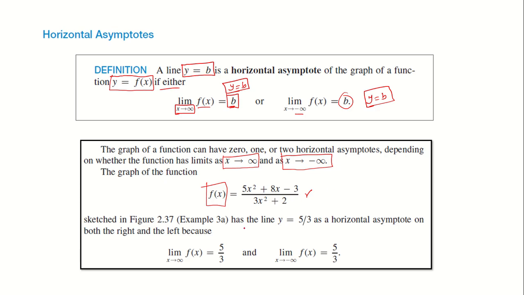So if we find the limit as x approaches infinity, f of x equals 5 by 3. So we can say y equals 5 by 3 is the horizontal asymptote of the given function.